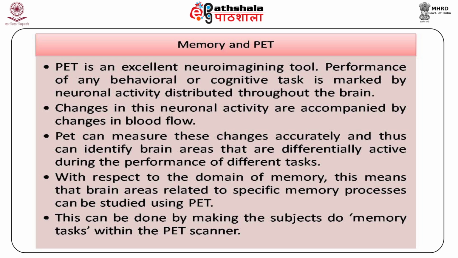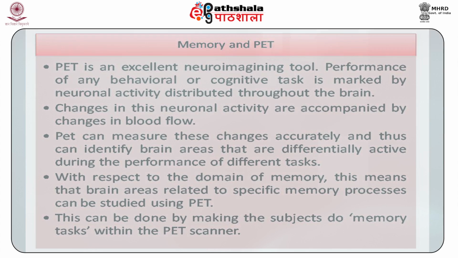PET can measure these changes accurately and thus can identify brain areas that are differentially active during the performance of different tasks. With respect to the domain of memory, this means that brain areas related to specific memory processes can be studied using PET. This can be done by making the subjects do memory tasks within the PET scanner.